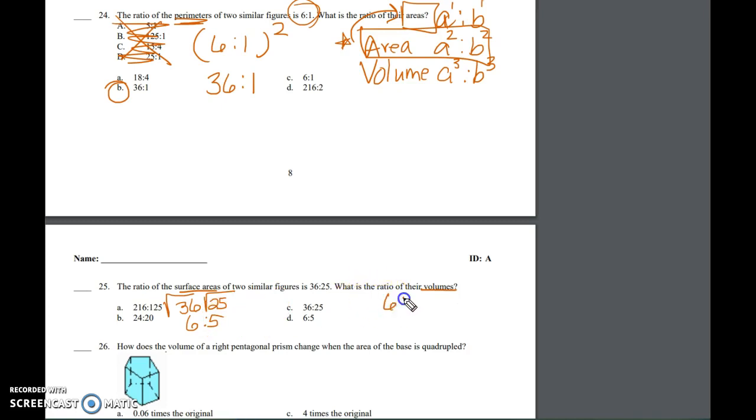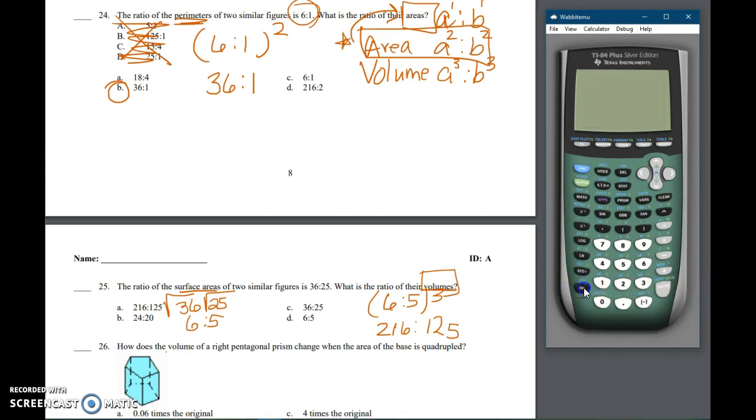Now I'm going to cube 6 to 5 since it's to the third power and volume is third power. So 6 times 6 times 6 is 216, and 5 times 5 times 5 is 125. Okay, if you need me to verify that, I can go to my trusty calculator and do 6 to the third power.